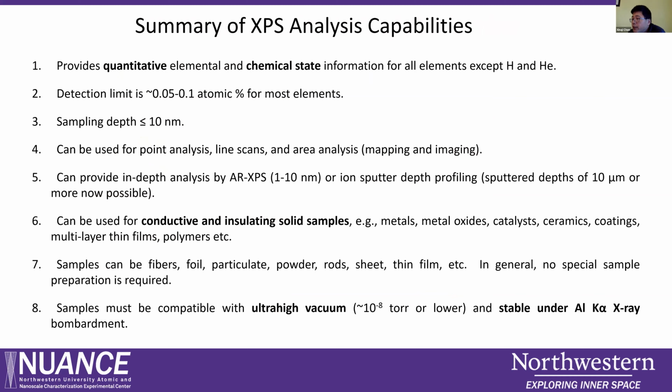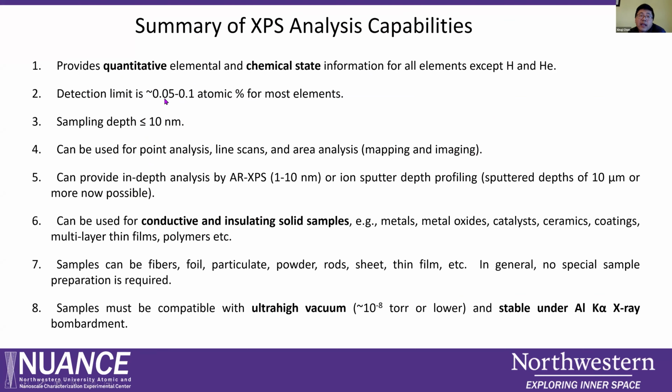Basically, for this technique, I have summarized what XPS can do. It can provide quantitative composition. If you have a material you want to identify, you can use this to analyze it and get the quantification and composition, and it also tells you the chemical state information. The detection limit is 0.05 to 0.1, depending on the element.